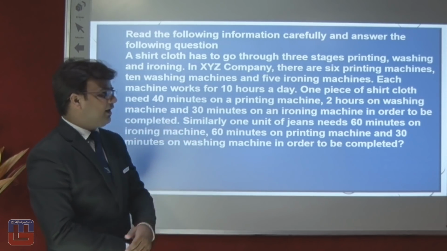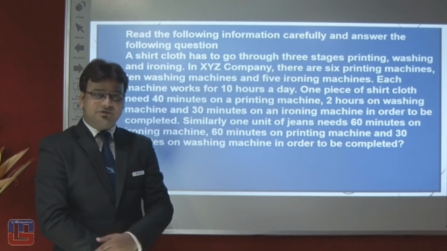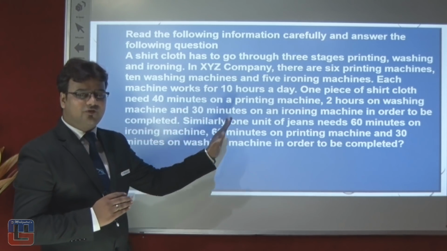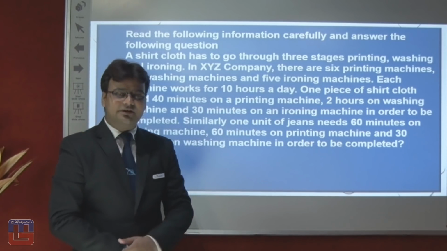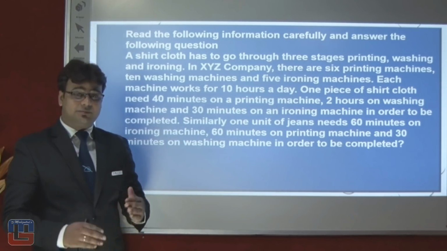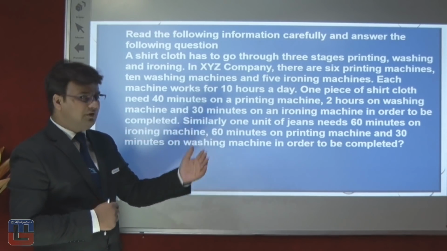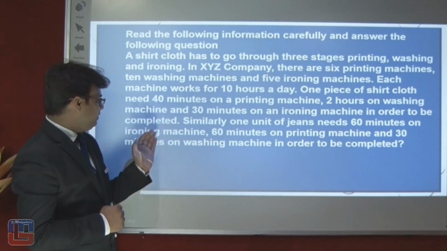In any XYZ company, there are 6 printing machines, 10 washing machines, 5 iron machines. Each machine works for 10 hours per day. One piece of a shirt needs 40 minutes on the printing machine, 2 hours on the washing machine, 30 minutes on the ironing machine in order to be completed.